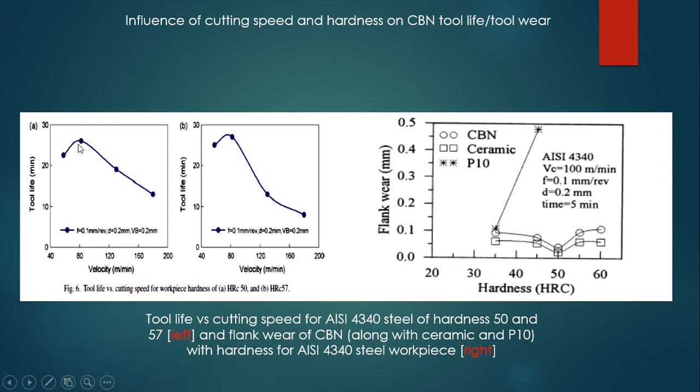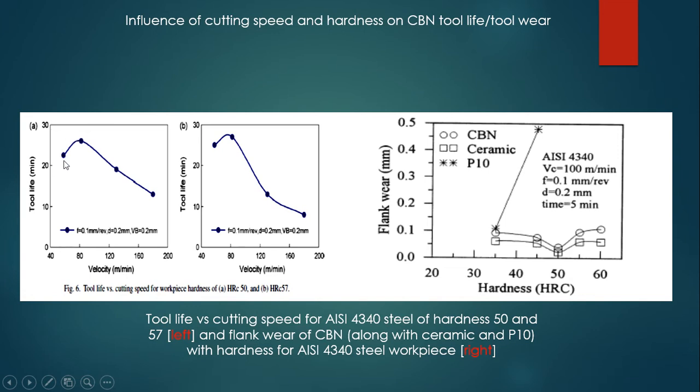This is due to the buildup of an adherent layer on the tool face that is formed by the abrasion of the binder of the tool by the hard carbide of the workpiece. The buildup is a protective layer that reduces the deterioration of the groove of the tool during cutting. So that's why the tool wear will go down.